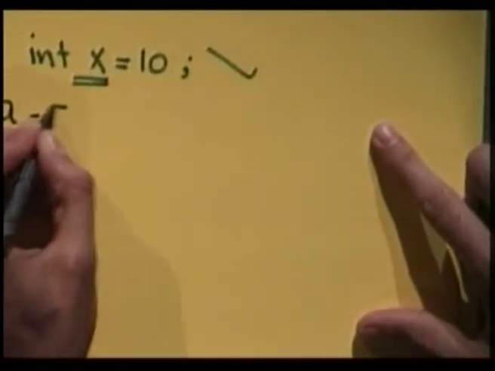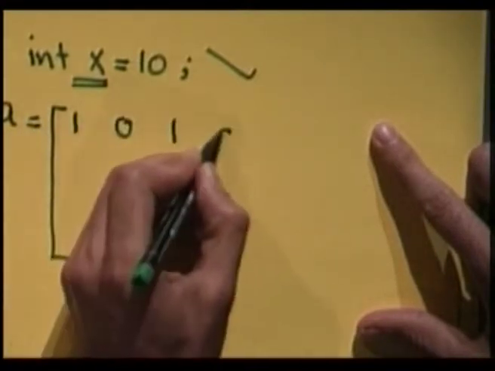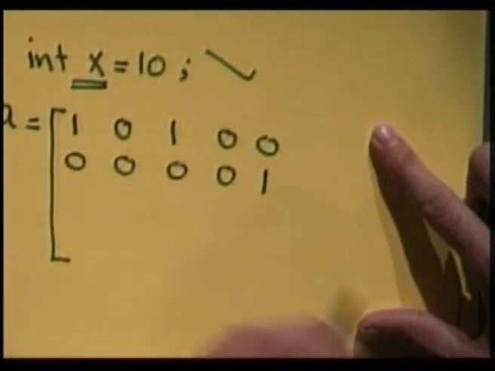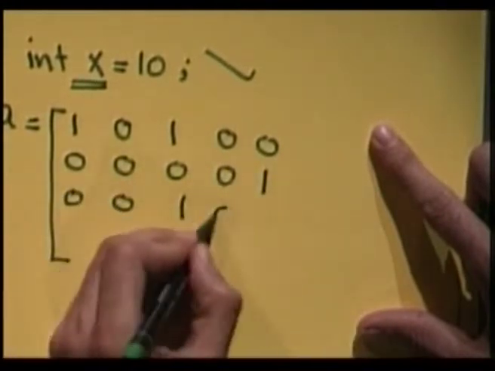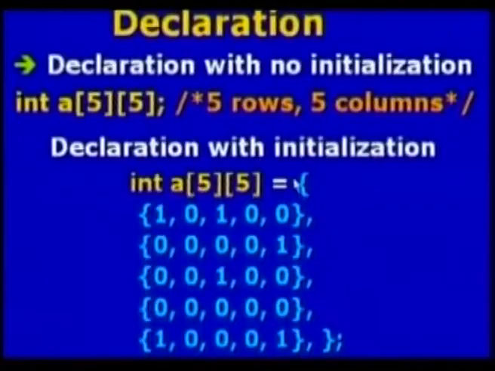A equals something like this. 1, 0, 1, 0, 0, and then I have zeros like this, and a 1, 0, 0, 1, 0, 0, and so forth. So this is just an initialization step. And remember that in the initialization, I have a brace, closing brace for the entire matrix, and then braces around every row within the matrix.